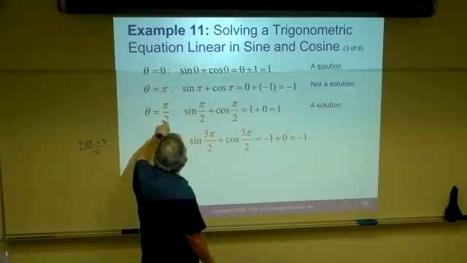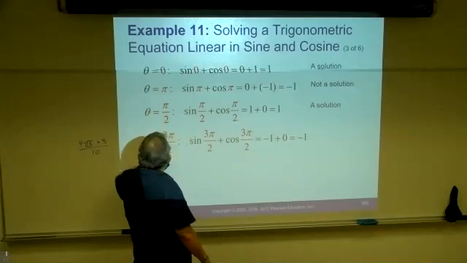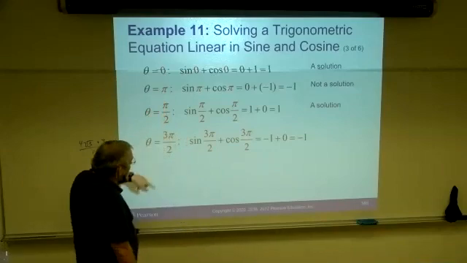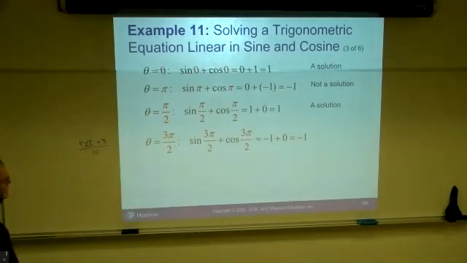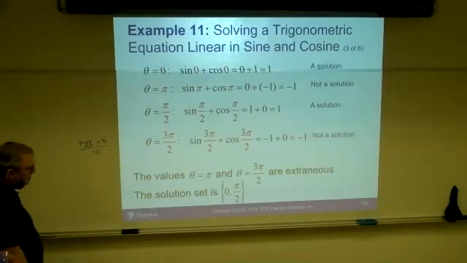At 0 it works, at pi over 2 it works, at pi it does not, and at 3 pi over 2 it does not. Okay. So our solutions were 0 and pi over 2, or 0 degrees and 90 degrees.